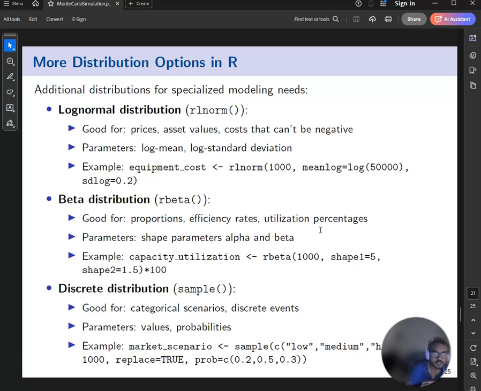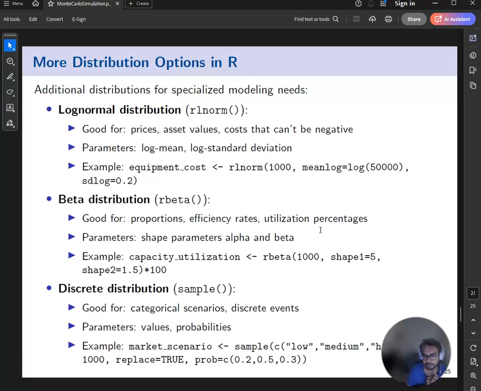Discrete distributions are good for categorical scenarios or discrete events. So if I want to plug in a market scenario where I'm defining the market as only three possible outcomes, low, medium, and high, then I create a vector with low, medium, and high and use the sample function to randomly pick one of them.